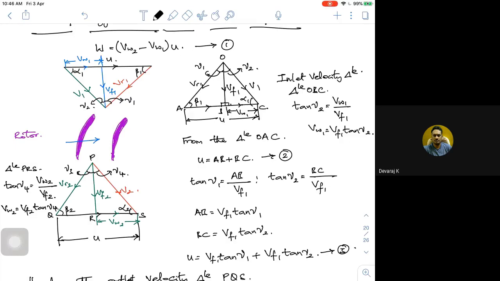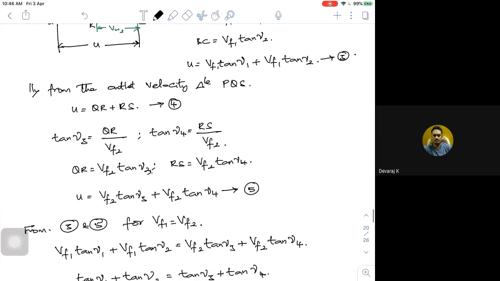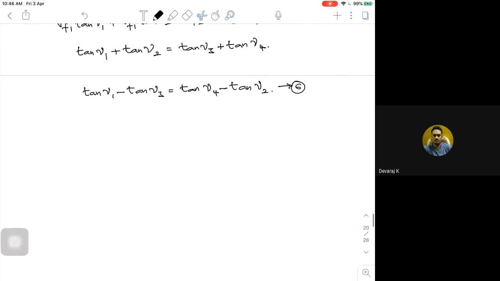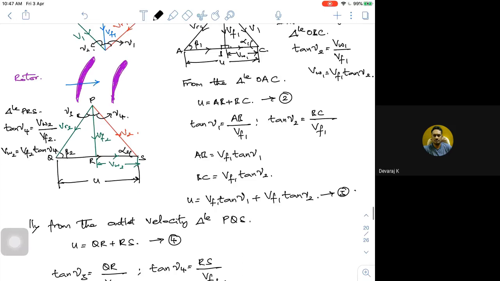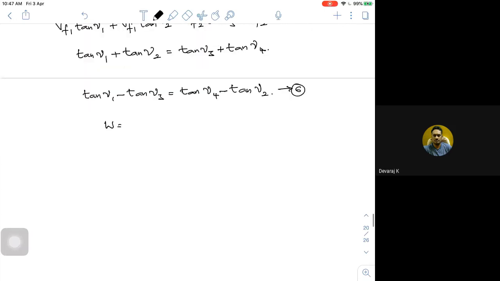Fine. Now, if I look at this particular thing, I can write the work done as, already we know this, what is my VW2? So I can write it as U into VF into tan gamma 4 minus tan gamma 1.